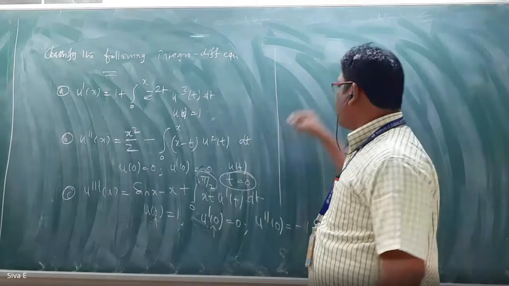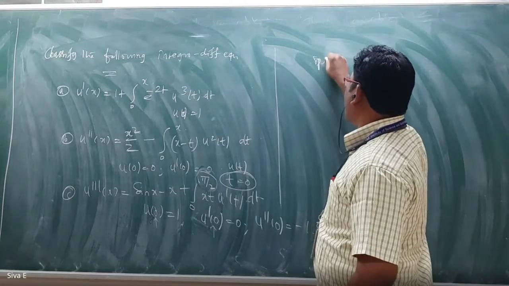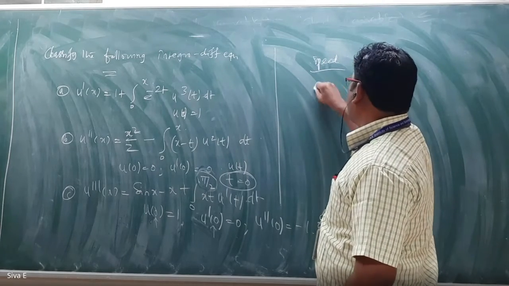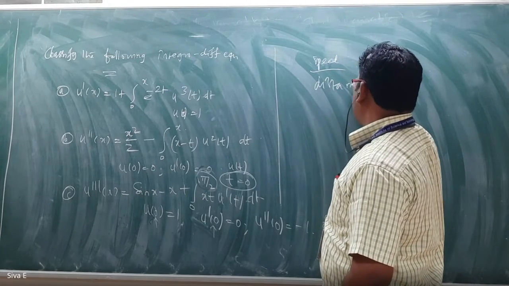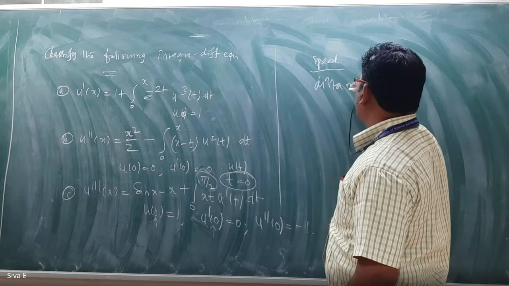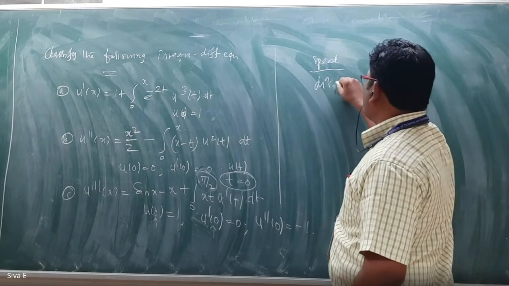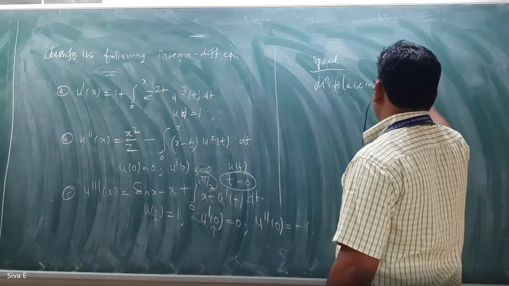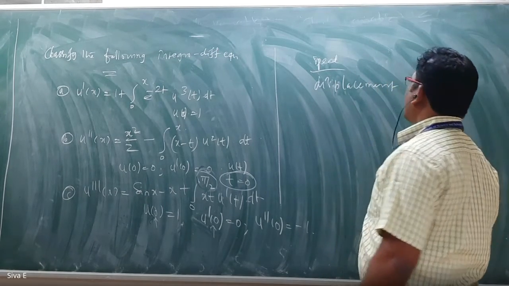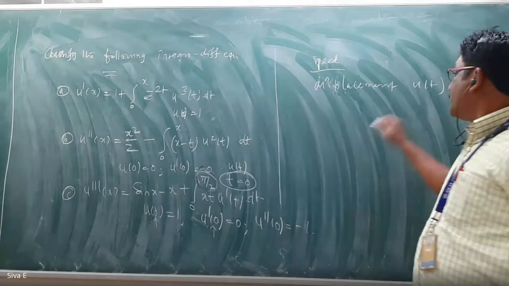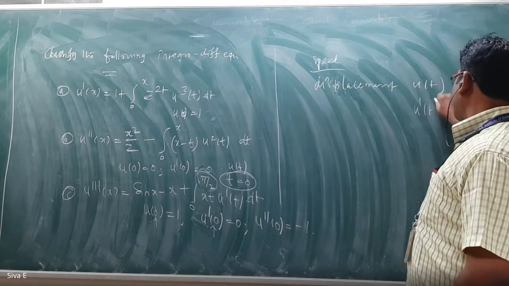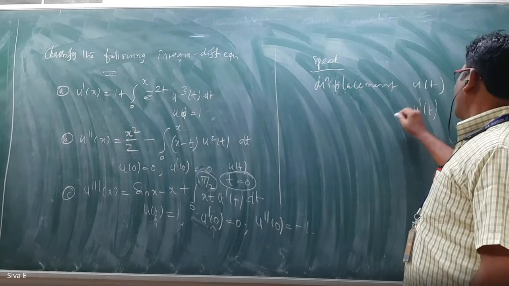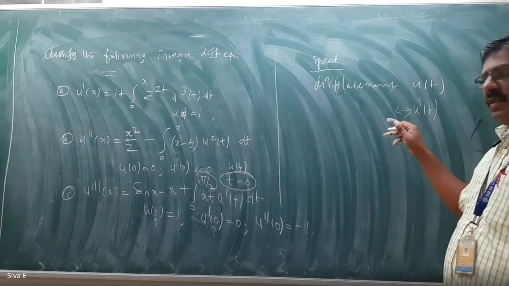Okay, I'm calculating a speed problem. The rate of change of displacement, distance, that is u of t. Then what is u dash? I'm asking a simple question, na?